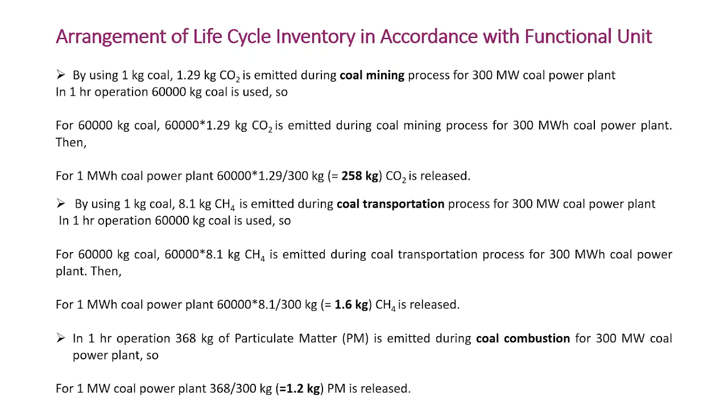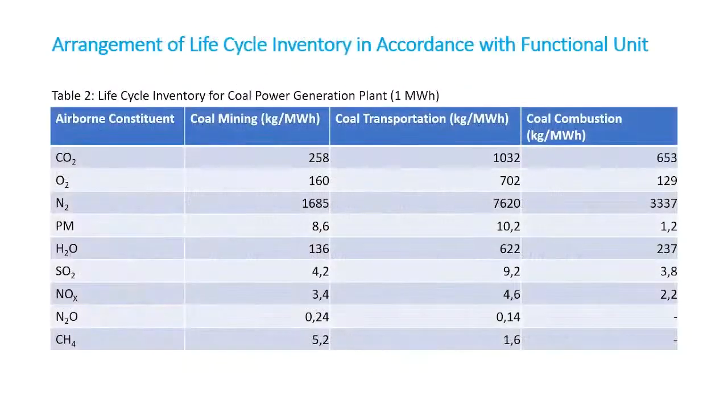For example, for particulate matter, the release is given as 368 kg for the 300 MW coal power plant. If we divide this number by 300, we can obtain a particulate matter emission of 1.2 kg. Again, this is valid for the other airborne components in coal combustion processes. And here you can see all results thanks to this life cycle inventory arrangement procedure.